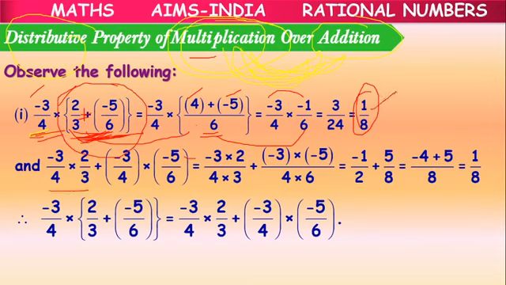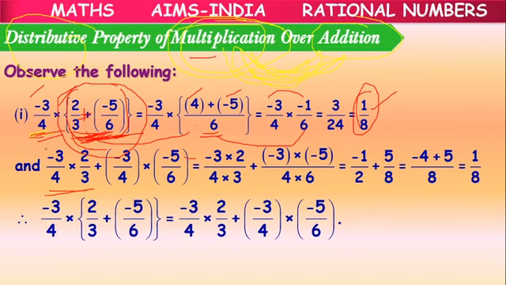Now if we take like this, on the whole it is minus 3 by 4 of. When we have bracket, we can call it as of. Minus 3 by 4 of 2 by 3 plus minus 5 by 6 we are telling. Means this into applicable to both the rational numbers.